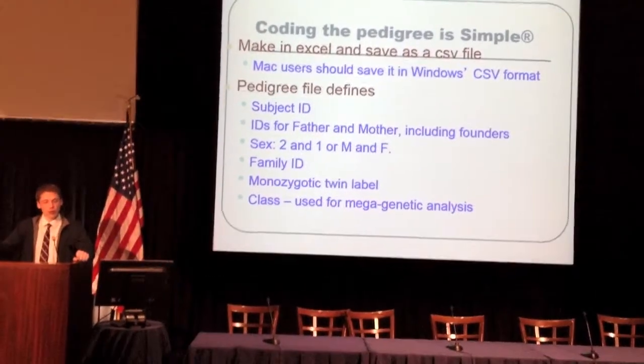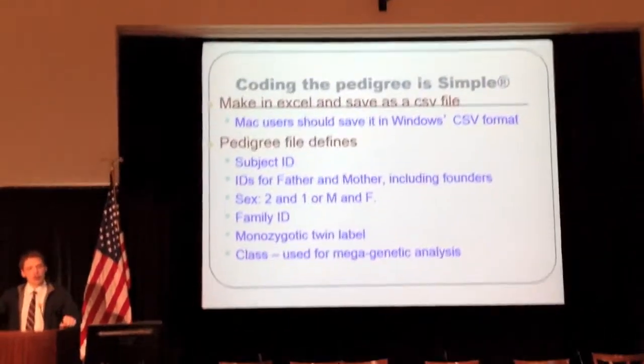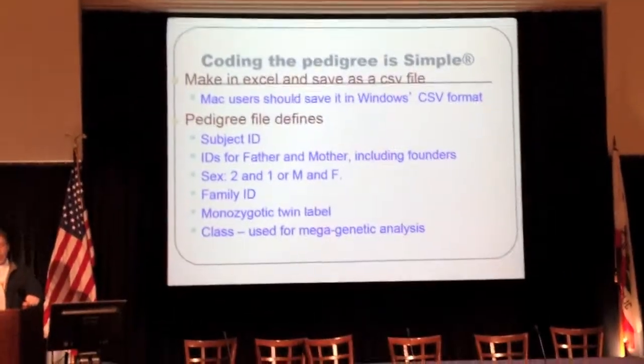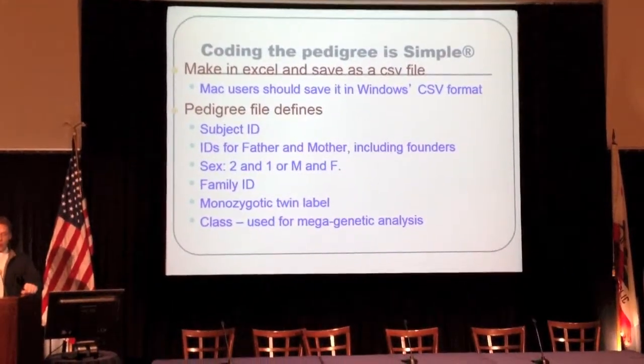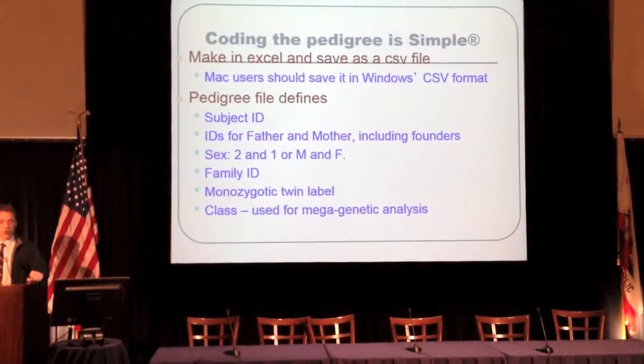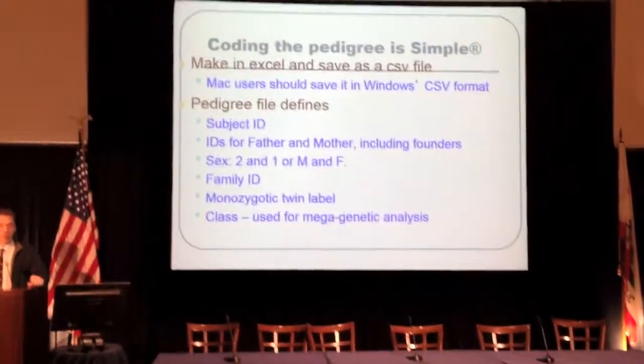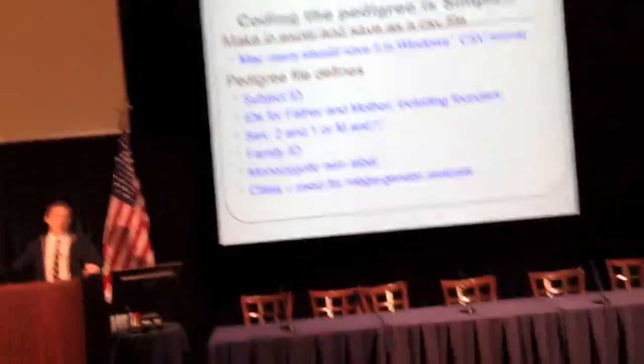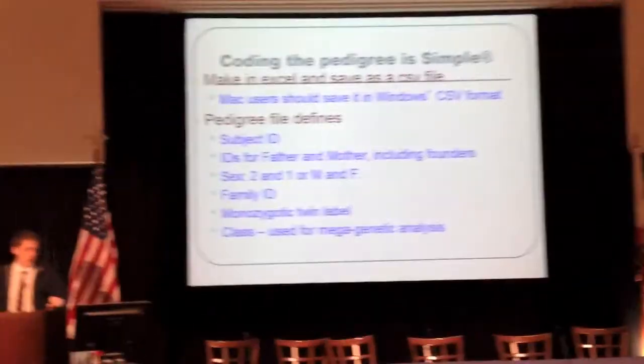We had so many requests for this that we now have a function in Solar that will analyze your file and then recode it into the Windows format. But it's easier to save yourself trouble by simply choosing the Windows CSV format when you save it on a Mac.